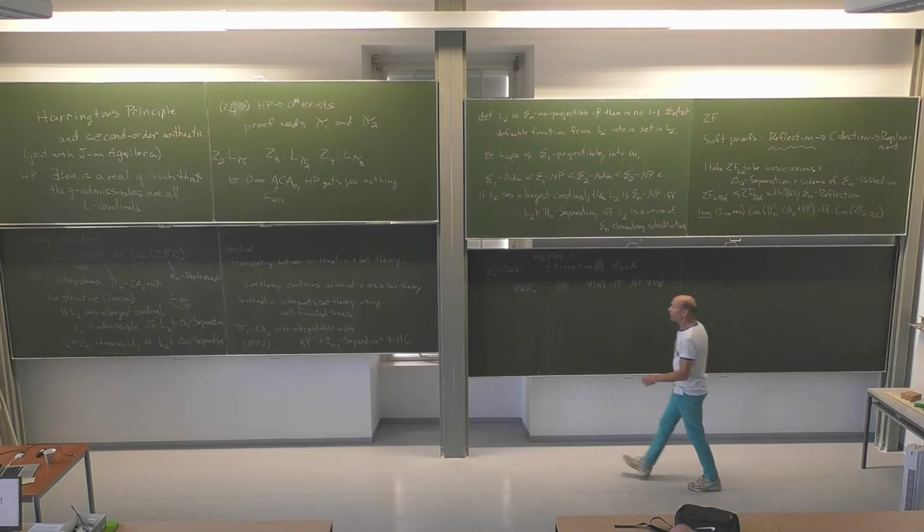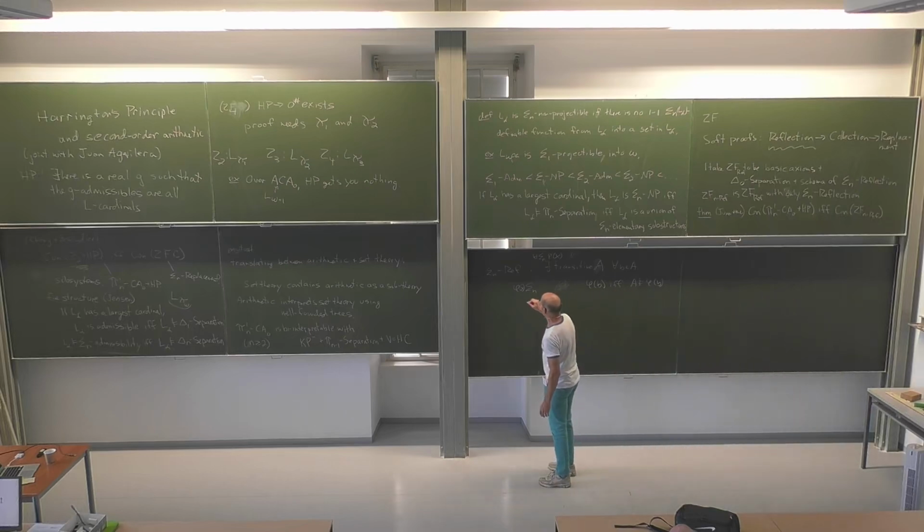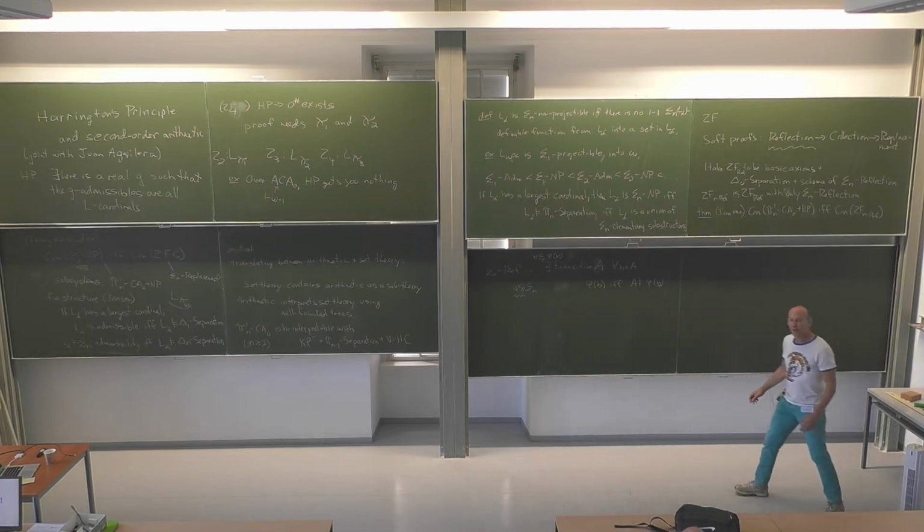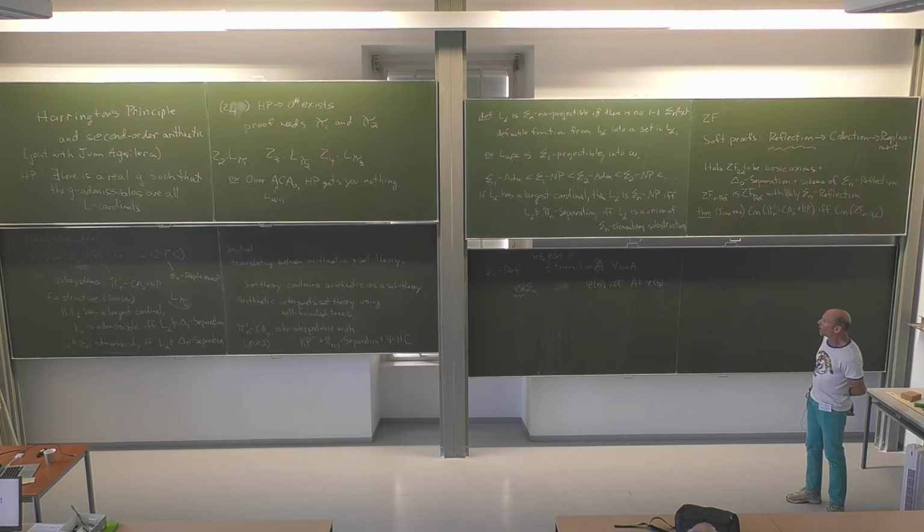Now, the way I like to think about it is you can take a universal sigma n formula, and without loss of generality, you can get from this that A has to be an initial segment of V.